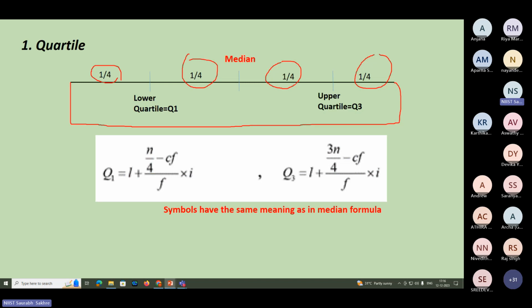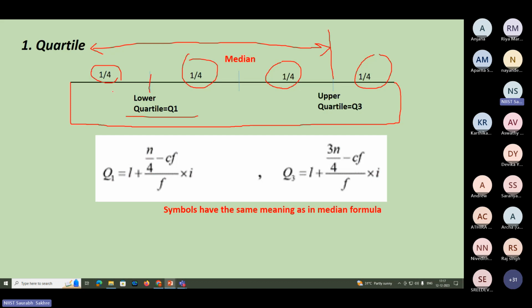If I'm seeing the data from the first 1 by 4, I will call it lower quartile, Q1. And if I'm seeing it after 3 1 by 4th, I will call it upper quartile.